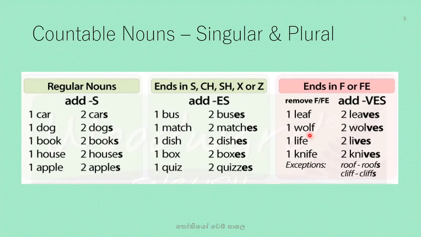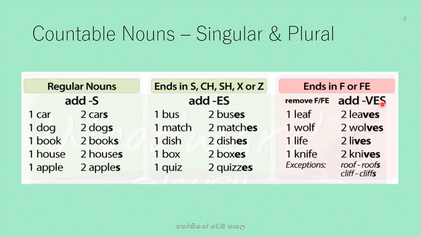The third type is when our word ends in F or FE. Examples: leaf, wolf, life, knife. For these words, we need to add VES.